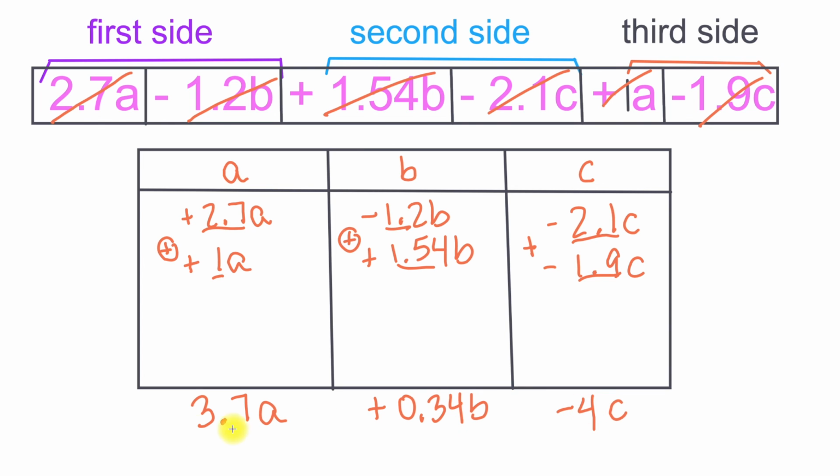When you read the entire expression from left to right, you don't say positive and negative, you say plus or minus. So our final answer for this expression is 3.7a plus 0.34b minus 4c. And this is the expression that represents the perimeter of that triangle.